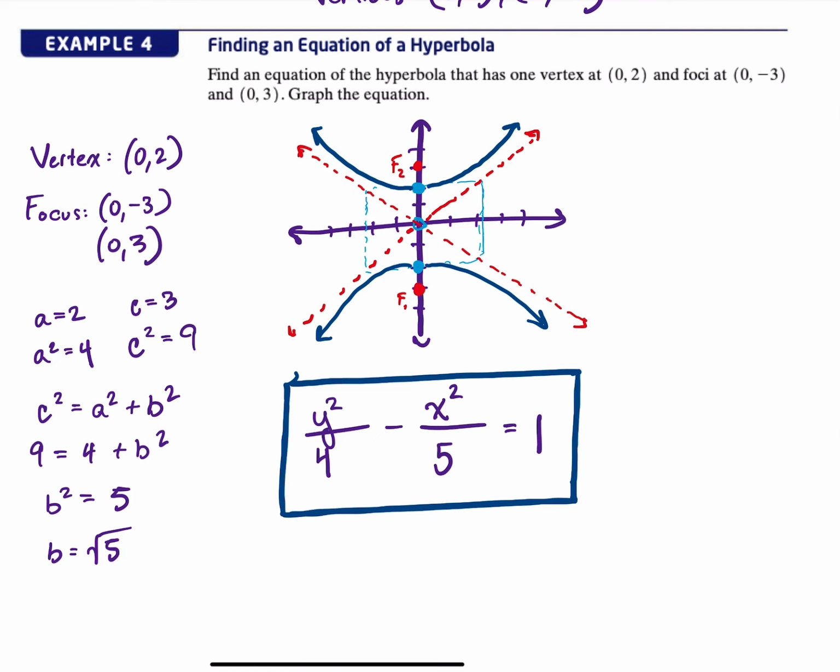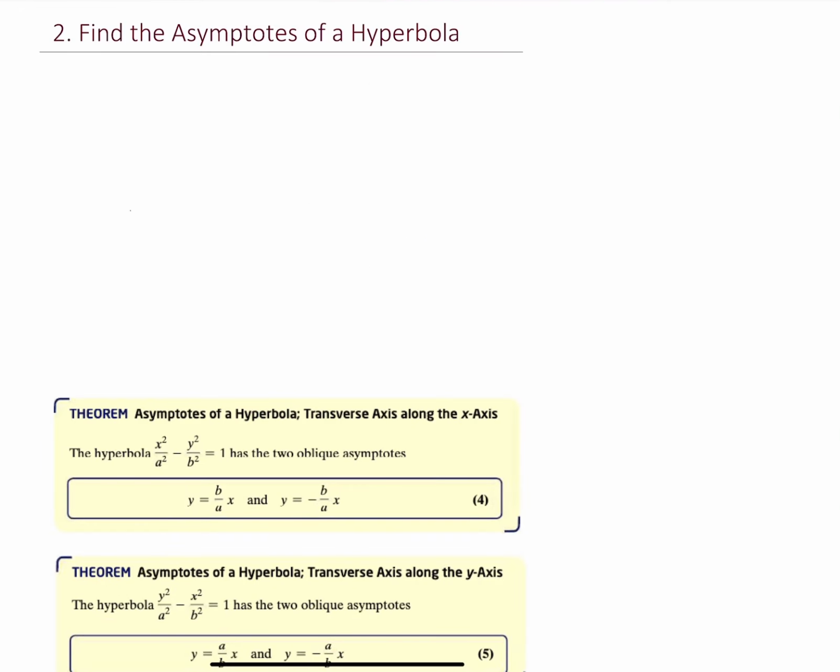All right, let's look at finding the equations of the asymptotes of the hyperbola. So we have two different cases. Let's draw the two orientations. We'll still imagine that it's centered at the origin. So let's say this one will have vertices on the x-axis, this one will have vertices on the y-axis.